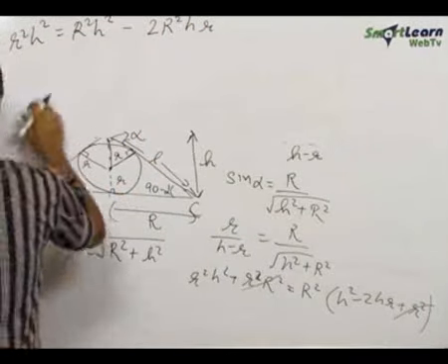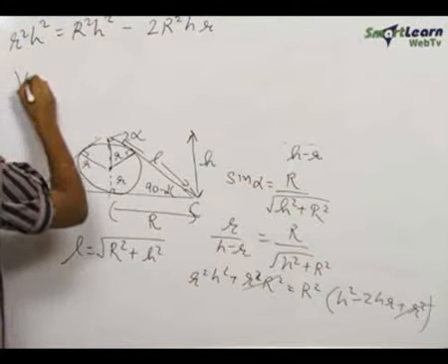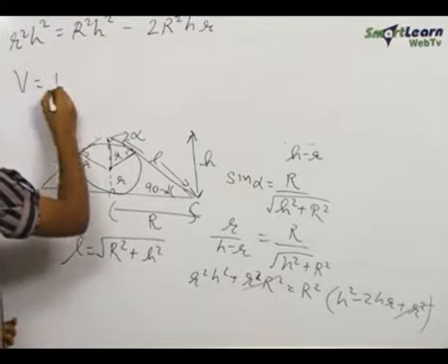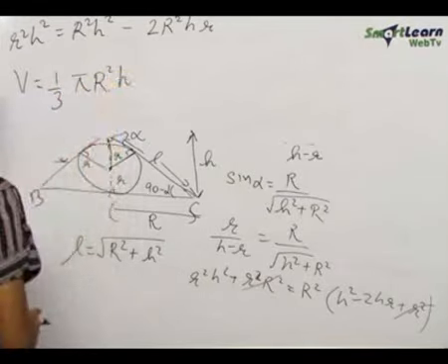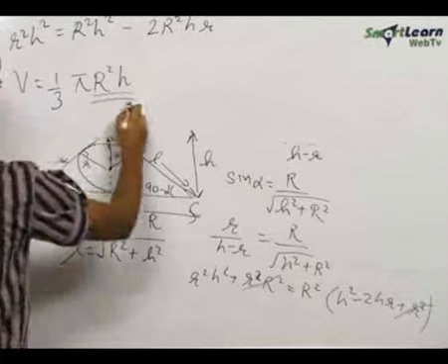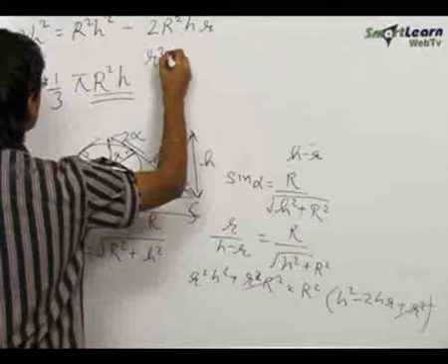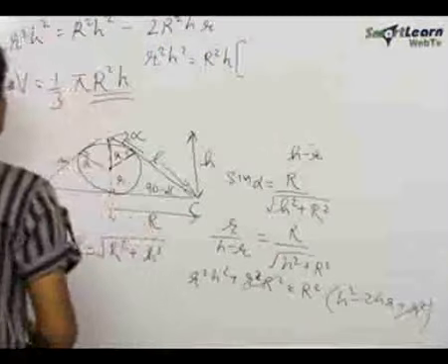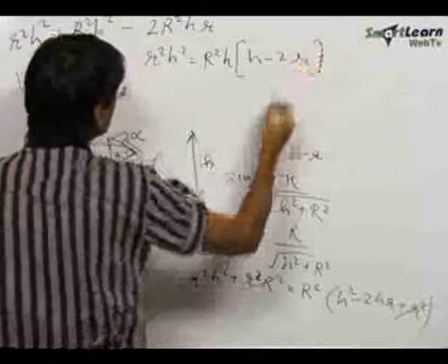Now we need to minimize the volume of the cone, and we know that the volume of the cone is equal to 1 by 3 pi R square h. So from over here we require R square h. This r square h square is equal to R square h times, when we take out common, (h minus 2r).